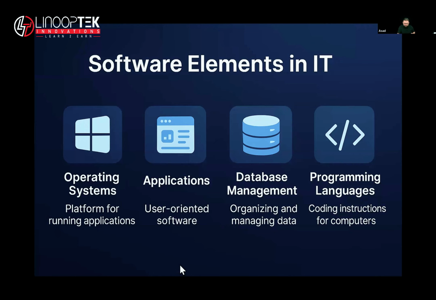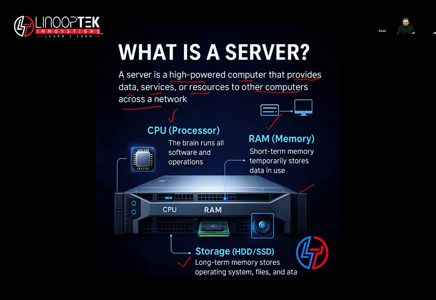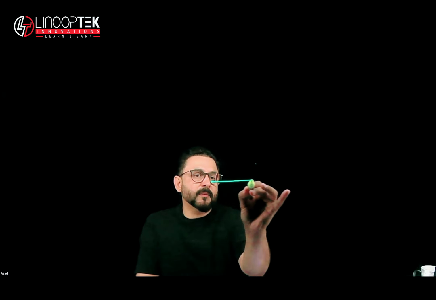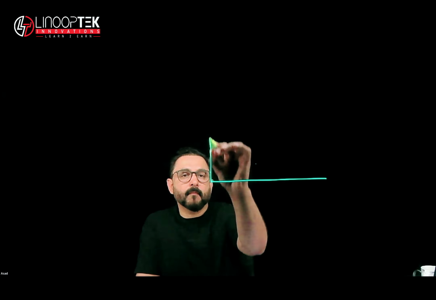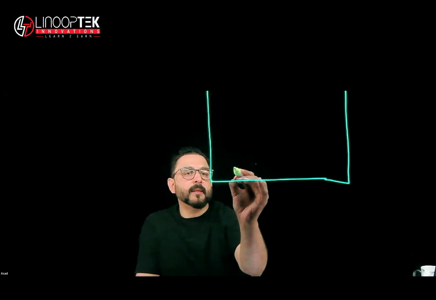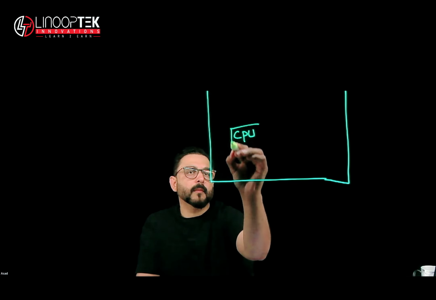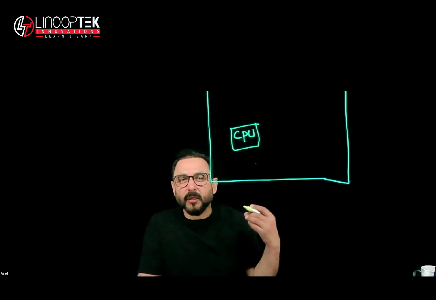These are some of the components of your server. Now, go back over here. A little bit of review on this. How about this? I'll just draw this on my screen. Let's just say this is my server. And then there is a CPU, which is the central processing unit.